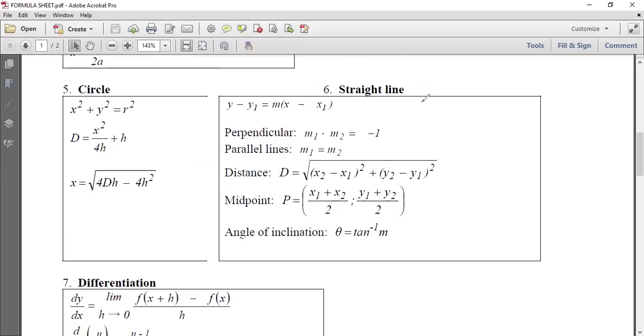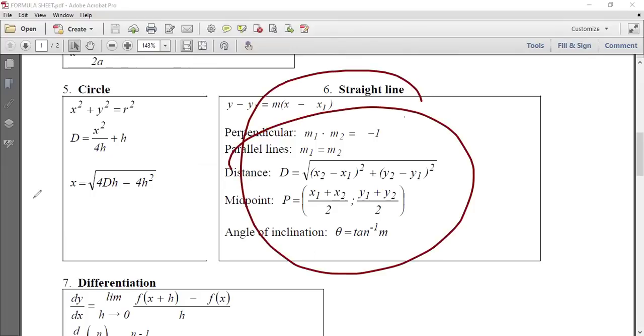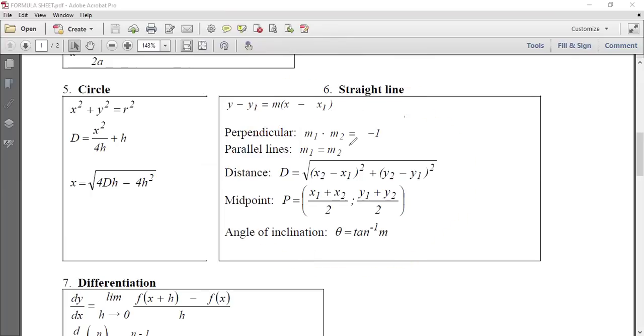These are the parts: perpendicular lines, the relationship of parallel lines, the distance, the midpoint, the angle of inclination. It has been listed. So as we are given the midpoint, we have to add x values, divide by 2. We add the y values, we divide by 2, just like that. That is the meaning of the formula.